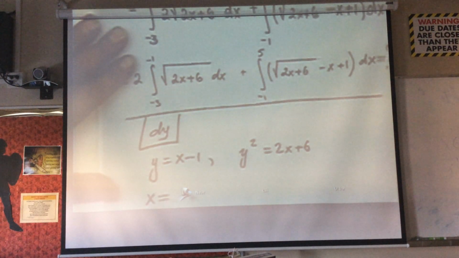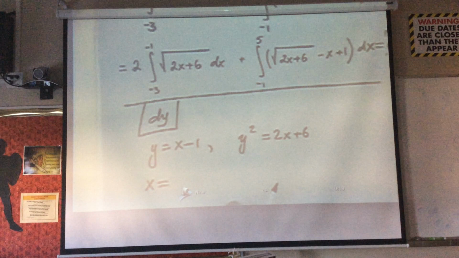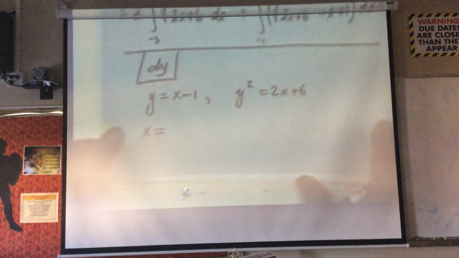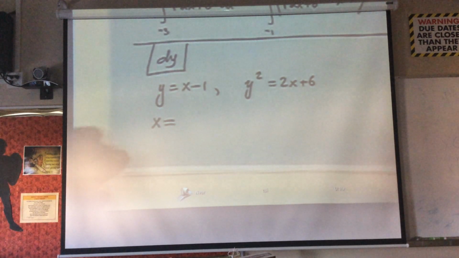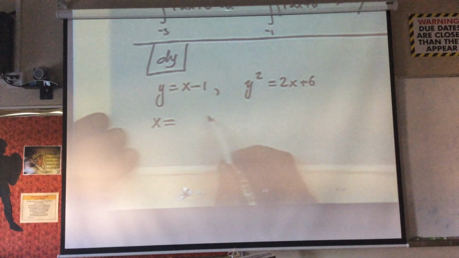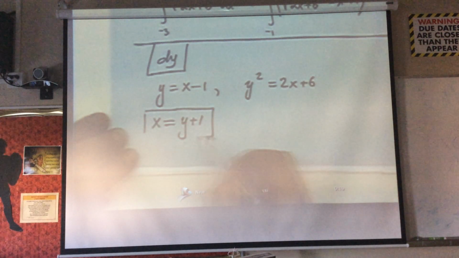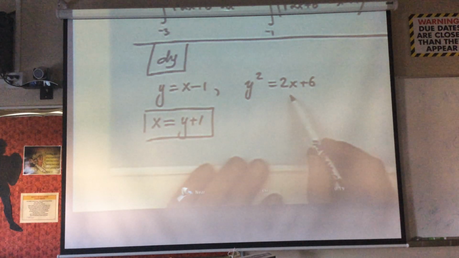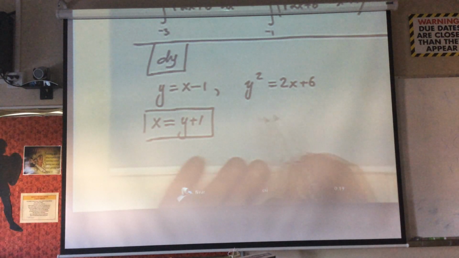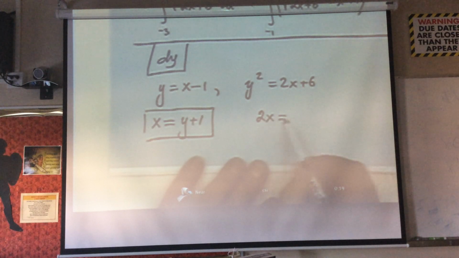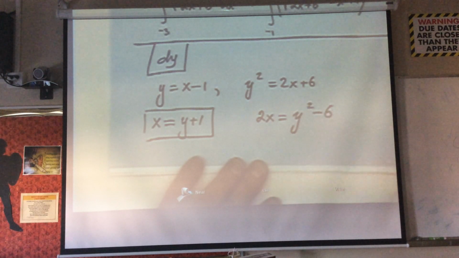So here, what do we get? What is x from this one? We get y plus 1, right? So this is what I need for this one. And for this one, I also need to get x equals, right? So I have 2x equals y squared minus 6.